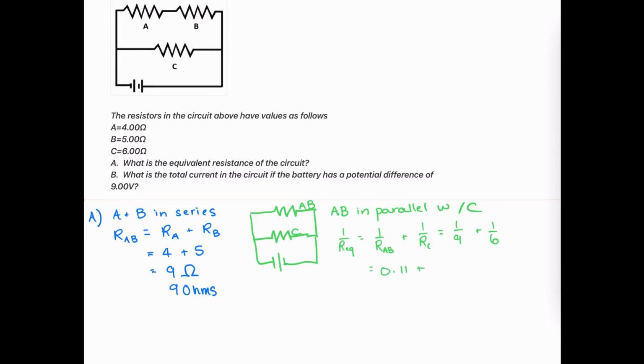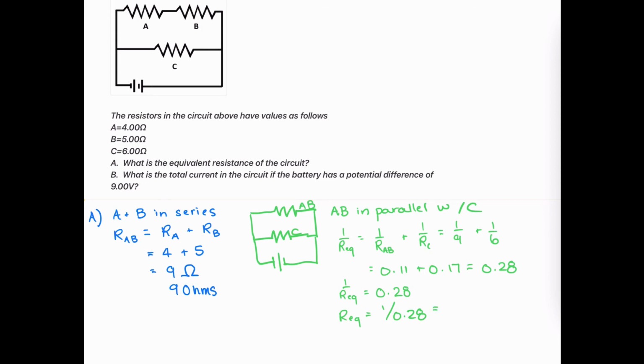I think it's much easier to solve. Okay, and so now I have 1 over REQ equals 0.28, but that is not my answer, okay? That's the answer of 1 over REQ, right? So I need to do REQ is equal to 1 over 0.28, and that will be my equivalent resistance, okay?